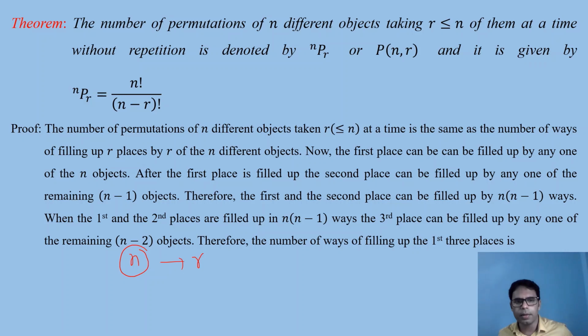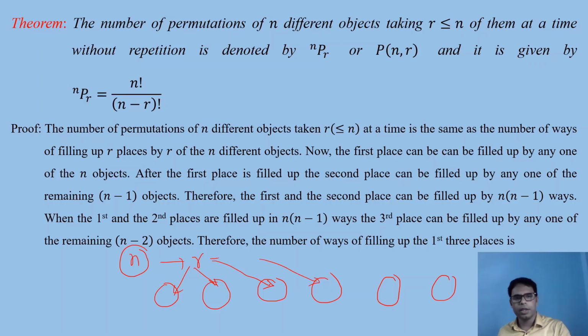That means you are filling r empty spaces. First choose r objects from there and arrange them. Keep one of the objects here, then here, in this way. So selecting r objects from n can be considered as filling r empty spaces by selecting r objects. Okay, that is what I have written here.